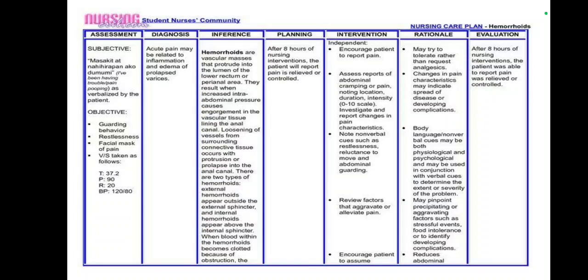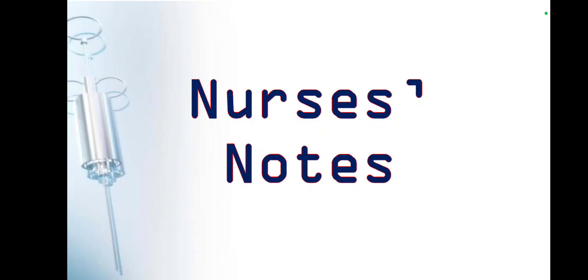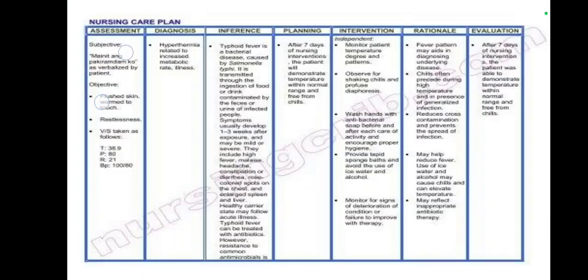Then we have the planning, which they use instead of objectives, and then the interventions, the rationale, and the evaluation. So again: assessment, diagnosis, inference, planning, intervention, rationale, and evaluation. That's an example of your nursing care plan.